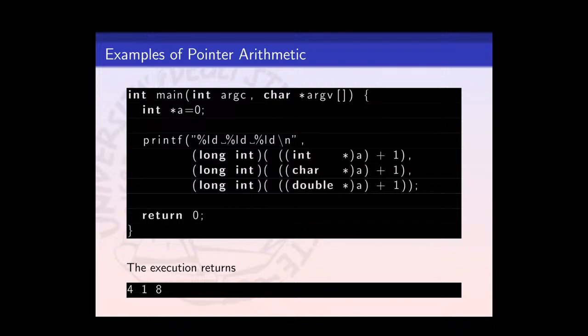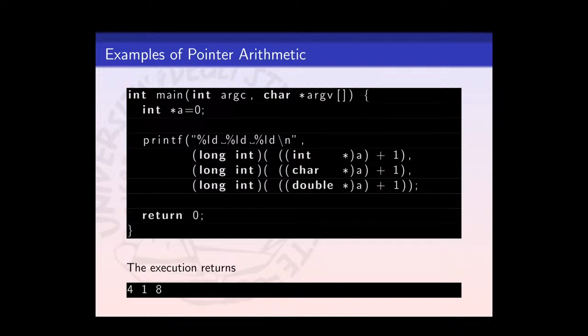Then I want all these three values printed in the standard output as if they were numbers. So basically, I'm taking a pointer to integer, interpreting it like a pointer to integer and increasing by 1.